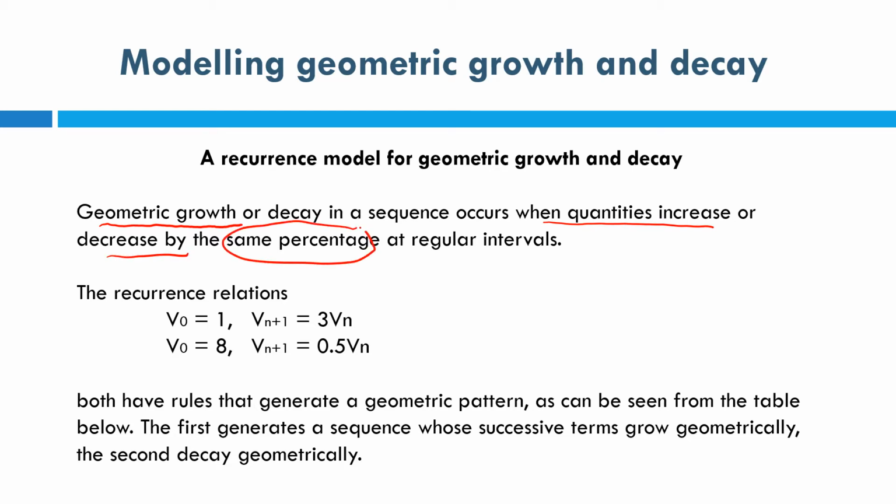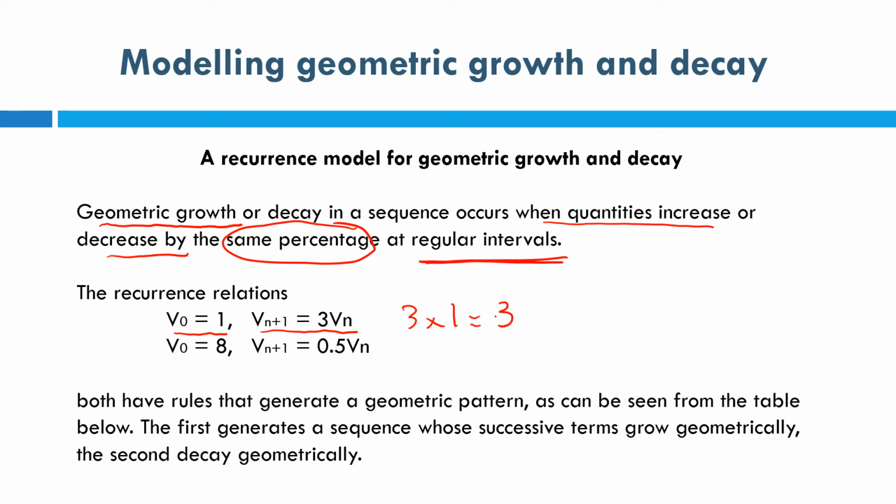So obviously in this case, because we're not adding or subtracting, because that would be linear, we're actually multiplying by a percentage of something. So in the first example, recurrence relation there, we have a starting point of 1, so V0 equals 1, and it tells us that we're able to generate our next term by multiplying 3 times the previous term. And because our previous term was 1, we know that our next term there would be 3.